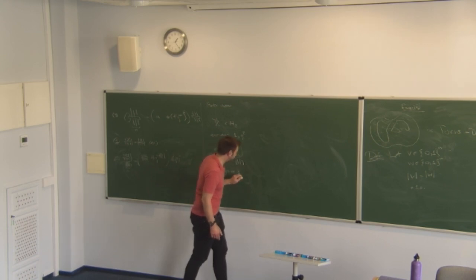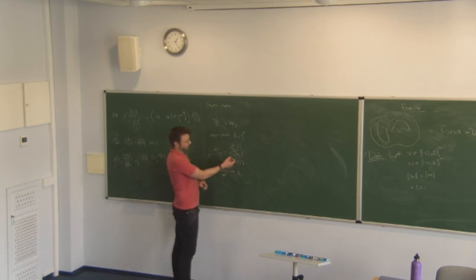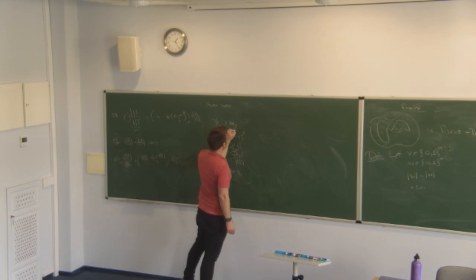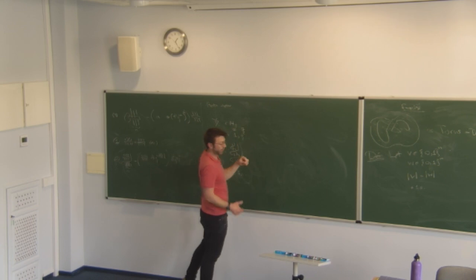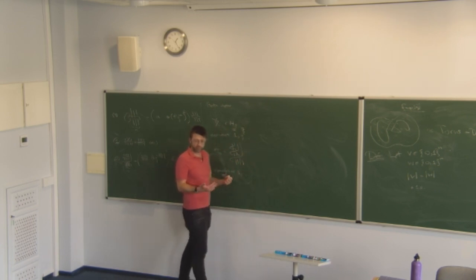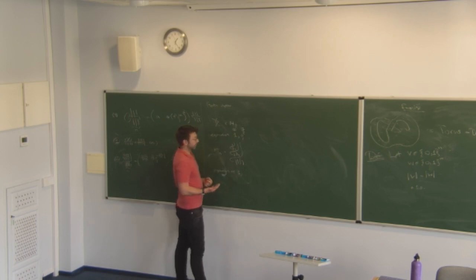The eigenvalues are usually indexed by partitions of n. Some of them may actually coincide. So this is the eigenvalue associated to this box, or this partition. This is the eigenvalue corresponding to that partition.